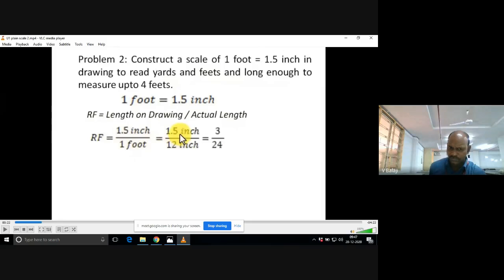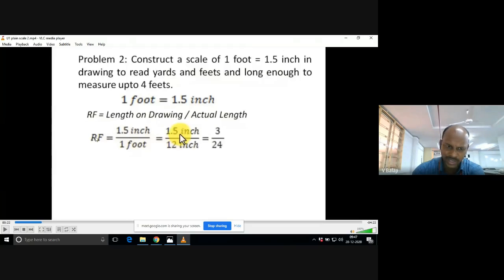Understood? Suppose it's a volume problem, how to identify it? The problem contains units like foot cube, inch cube, centimeter cube, meter cube, or kilometer cube. If you find units like that, you need to understand the problem belongs to a volume problem.